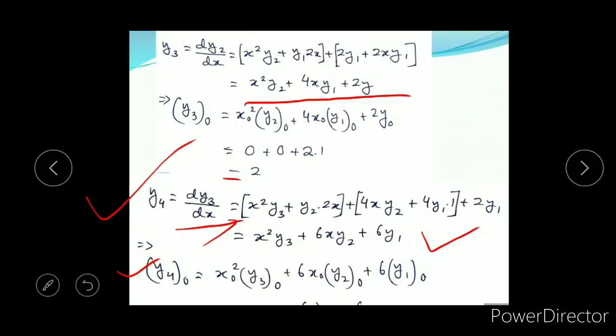As you can see, these are products of x0, so both of them will be 0, and this equals 6y1 0.